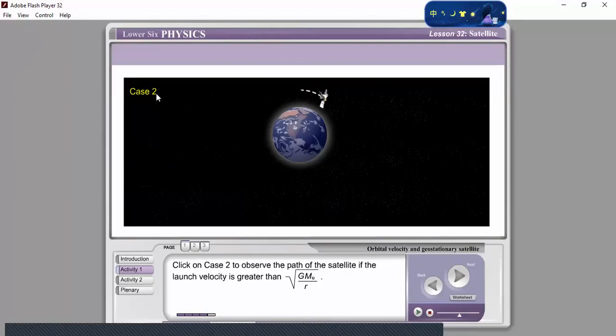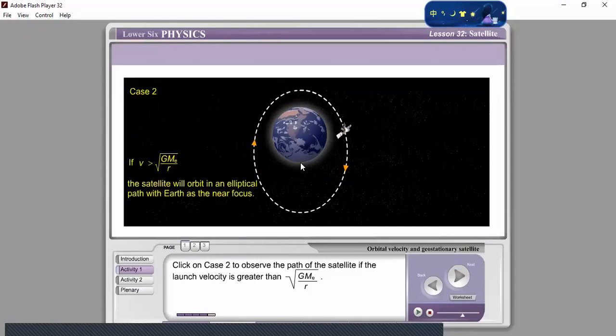We notice that it will move in an elliptical path, but the greater distance will be on the other side. If v is greater than square root of GM_E over r, the satellite will orbit in an elliptical path with Earth as the near focus. Near focus or far focus is not important, but we can confirm that it's not at the same focus point as the Earth.